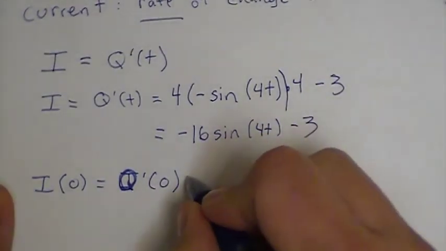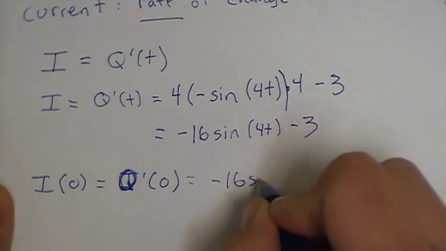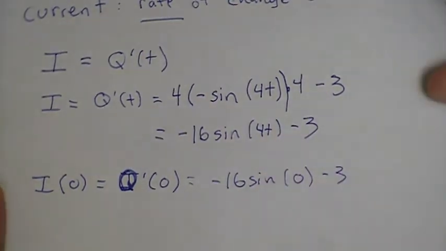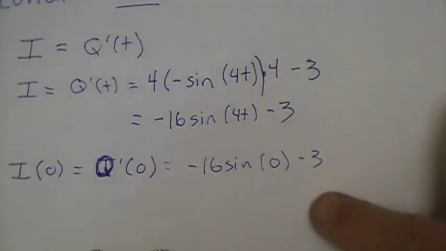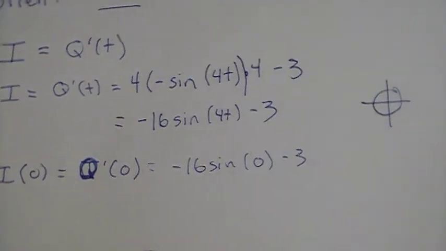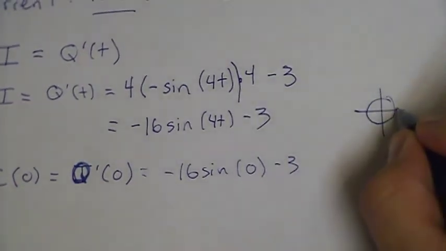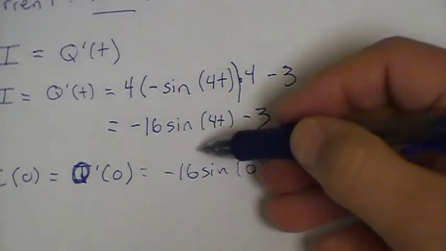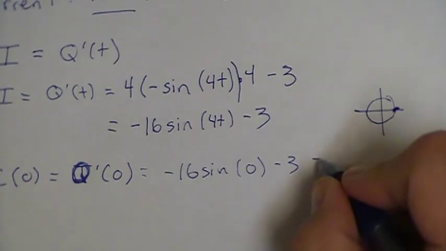If we toss 0 in place of the t, 4 times 0 is 0. If you think about the unit circle, sine of 0 is going to be 0, because at the angle 0, the y-coordinate of that point on the circle is 0. So this is going to be a 0, and we're just going to be left with minus 3.